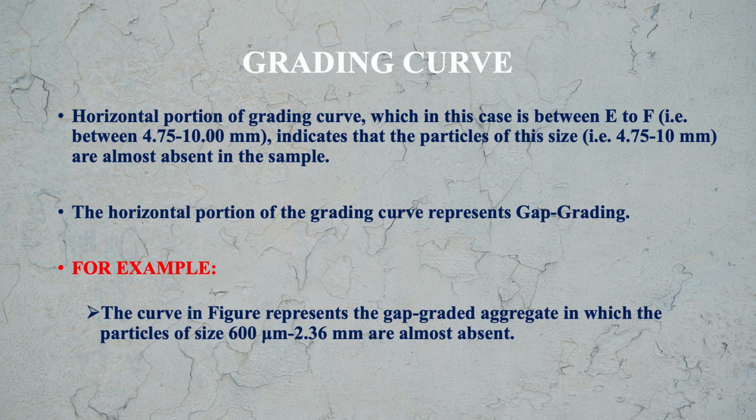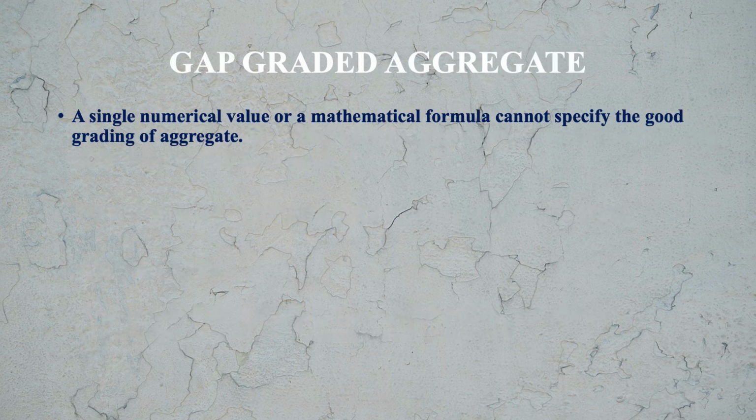For example, the curve in the figure represents gap graded aggregate in which particle sizes from 600 micron to 2.36 mm are almost absent. A single numerical value or a mathematical formula cannot specify the good grading of aggregate.